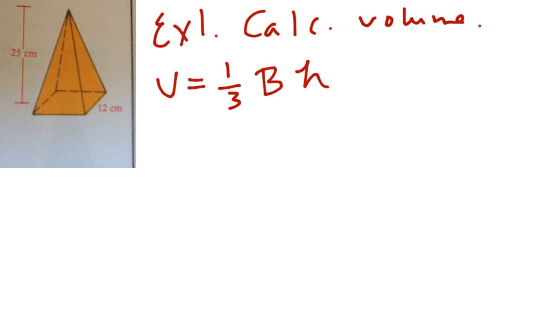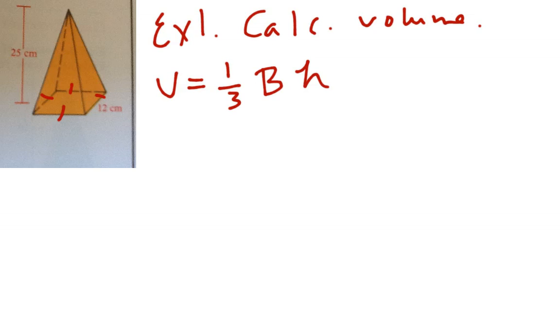Let me look in the book. Yeah, they tell you in words, and I didn't take a picture of the words. I just took a picture of the shape. So let me mark this so that it's perfectly clear that that is a square base. Otherwise, we don't know how to calculate the area of the base.